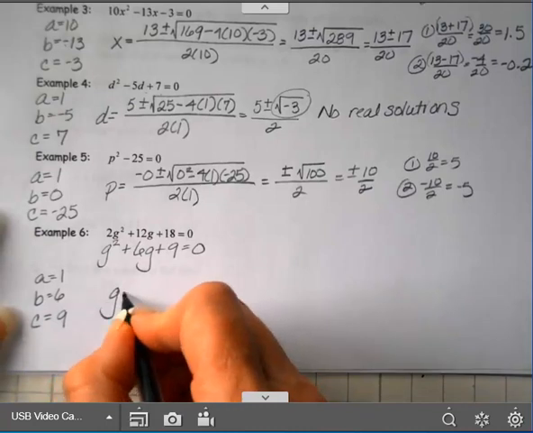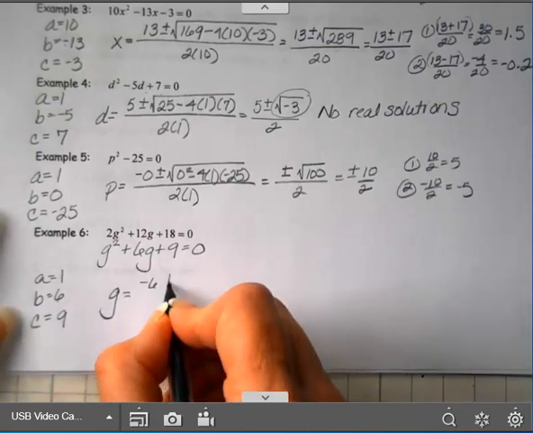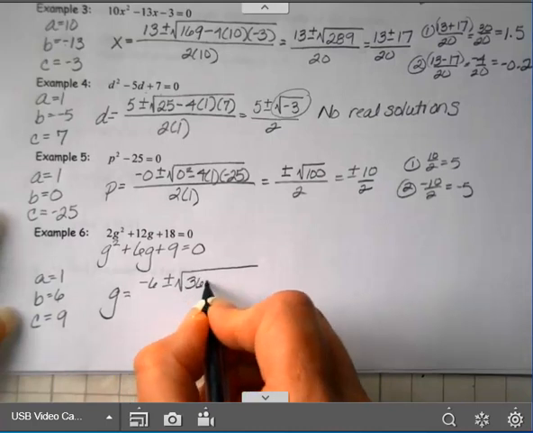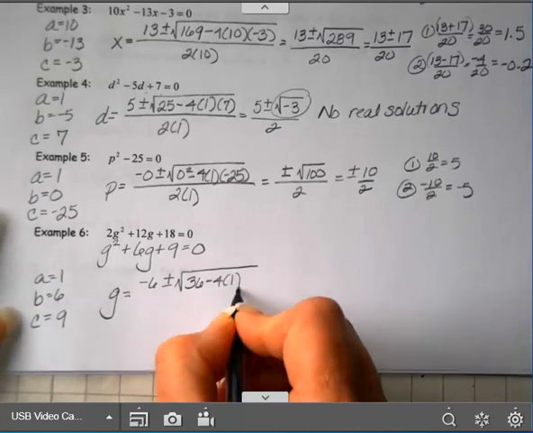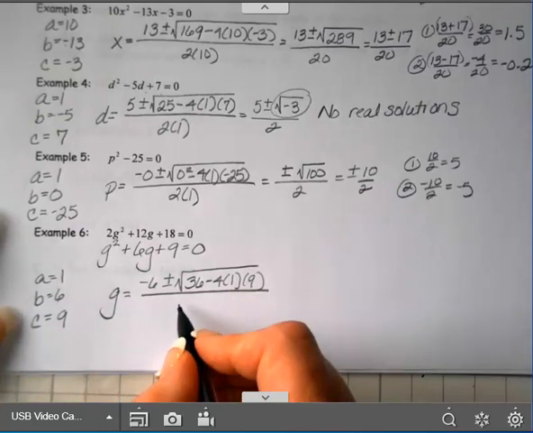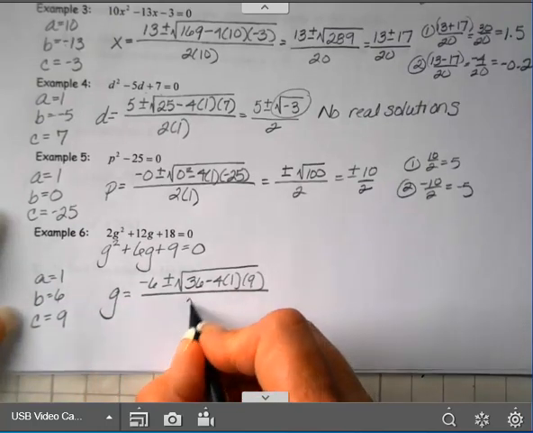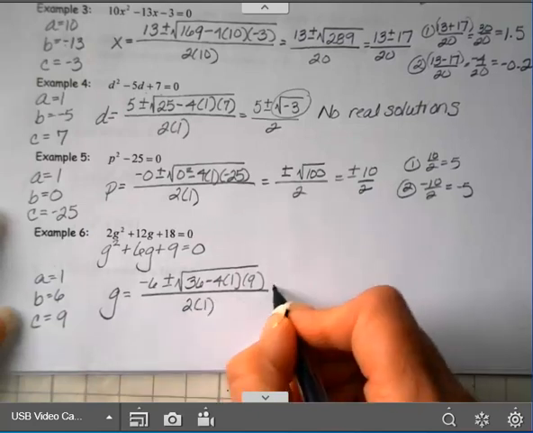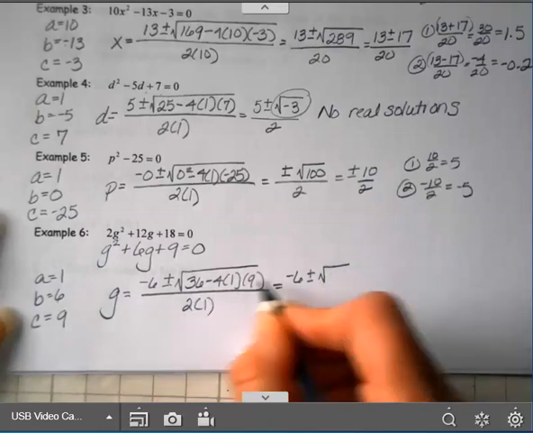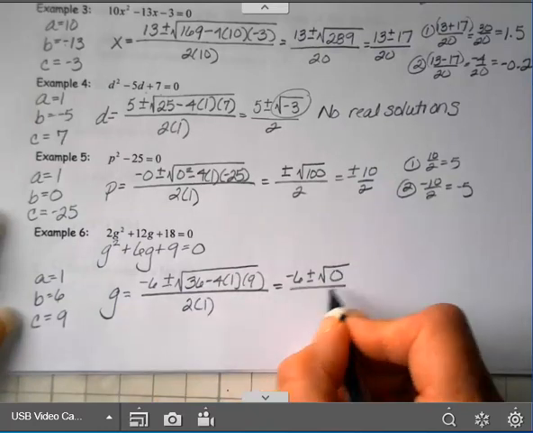And so g equals the opposite of b plus or minus the square root of b squared minus 4 times a times c. So fill those in, divided by 2 times a. So this will be negative 6 plus or minus the square root. When you simplify that, you get 0.